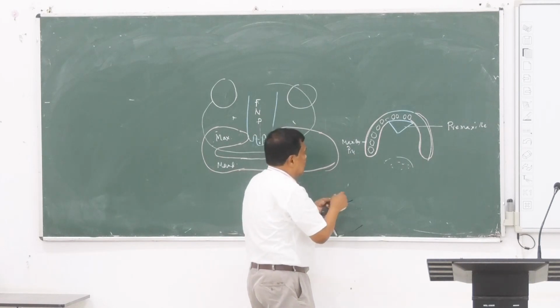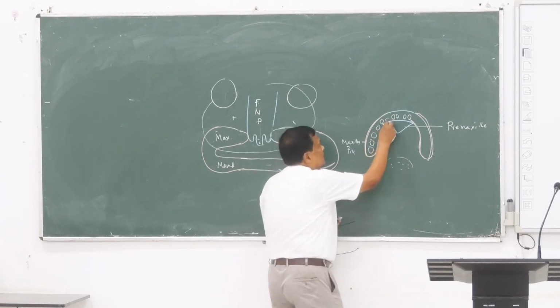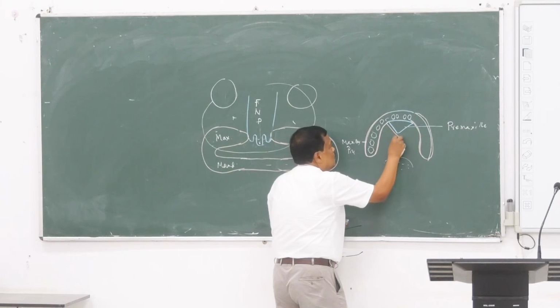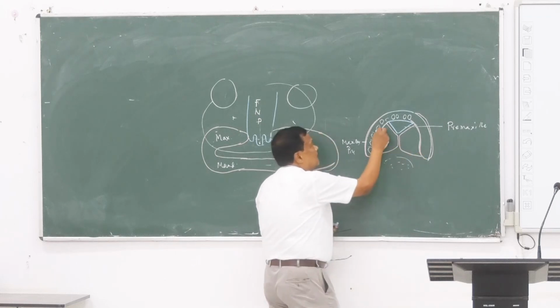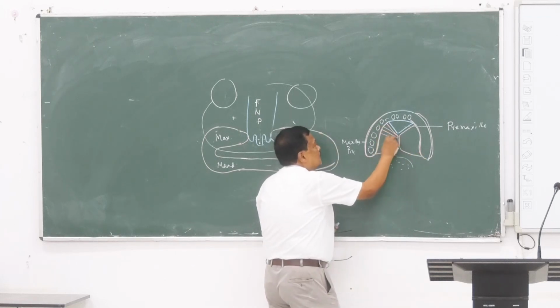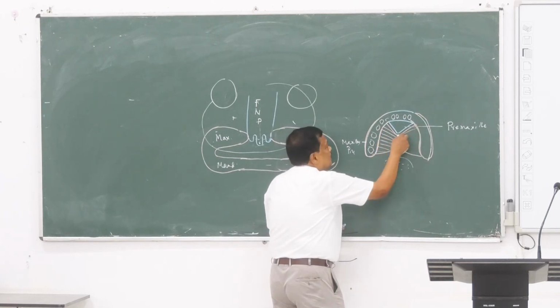From here, the maxillary process gives two plates laterally, which go towards the midline from the right and left side.